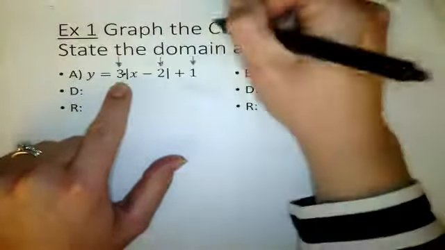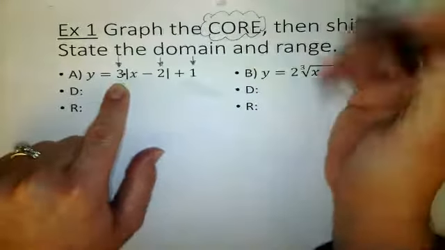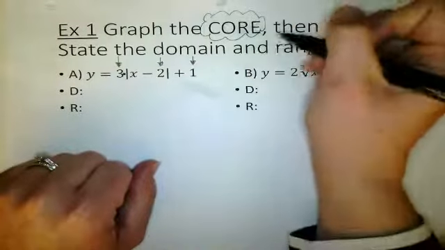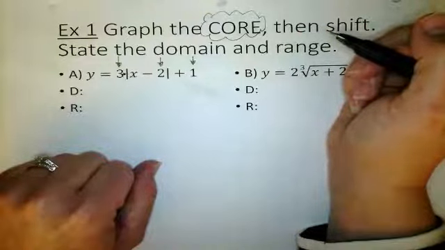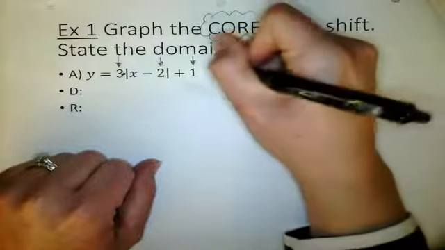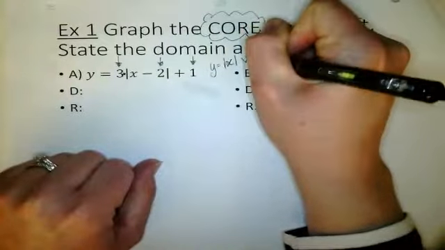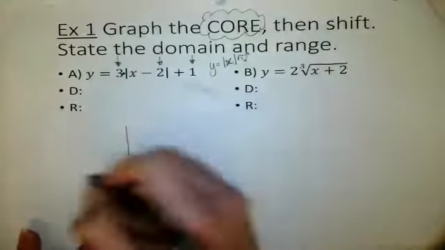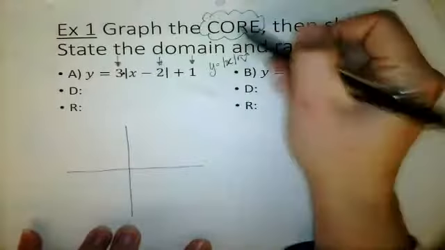So first, I want to think about what's our core function? What's our parent function here? What shape is the basic graph? The V, yeah. Our basic graph is just absolute value of x, which is the V shape. So that's what I'm going to start with. I'm going to start with graphing that base or core function.